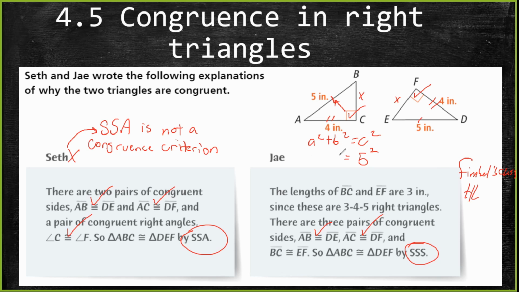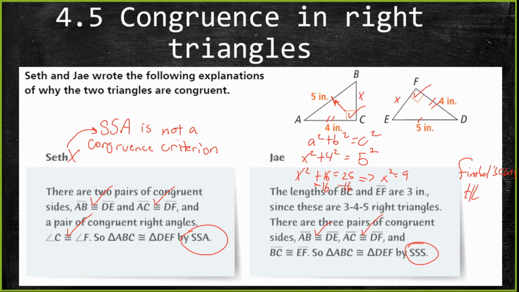We can do A or B. Addition's commutative, so we get to pick. I'm going to make X A. So I'm going to have X squared plus 4 squared is equal to 5 squared. And we can see that X squared is equal to 9.